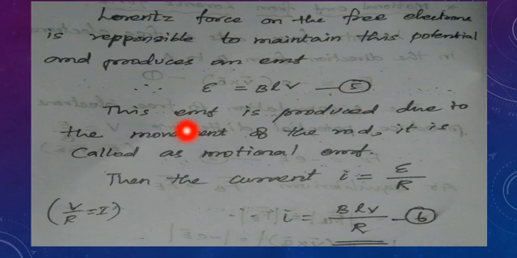This EMF is produced due to the movement of the rod. The rod is moving towards the right side in a uniform magnetic field, so EMF is produced, and due to the EMF, current will be produced. The EMF produced due to the movement of the rod is called motional EMF.